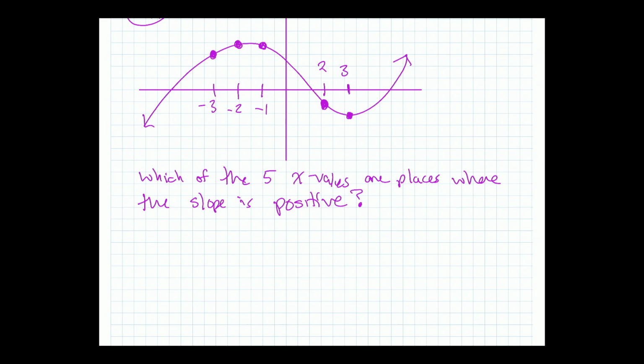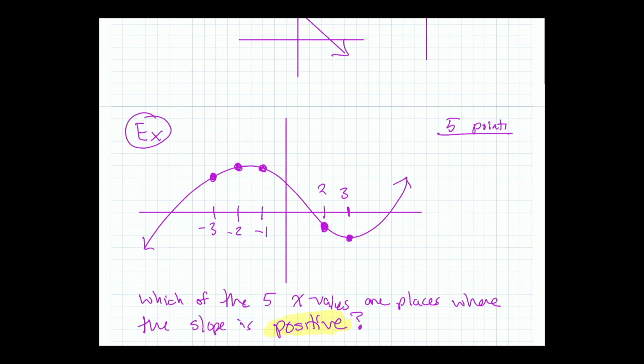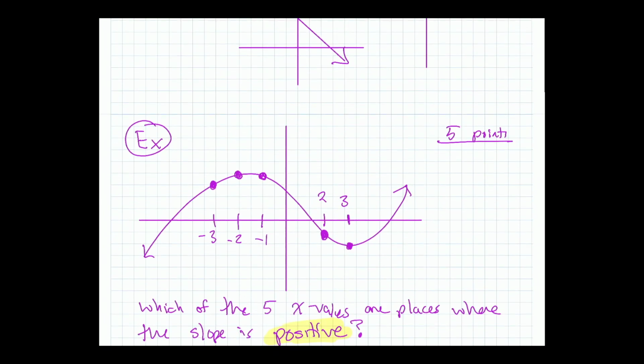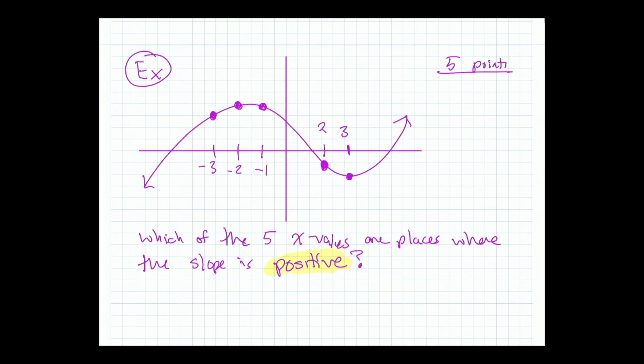So all you're going to do is, we want positive slopes, and those are up and to the right. So where is it going up and to the right? How about here? That's like this way. What about here? Yeah. Barely, but yeah.